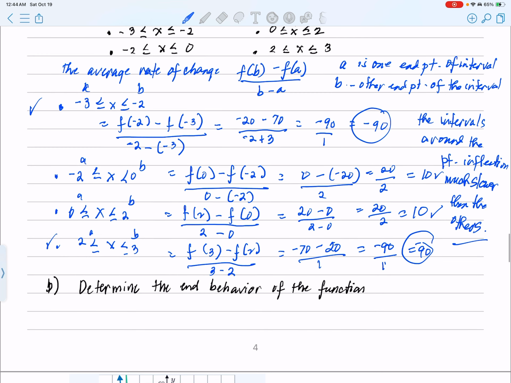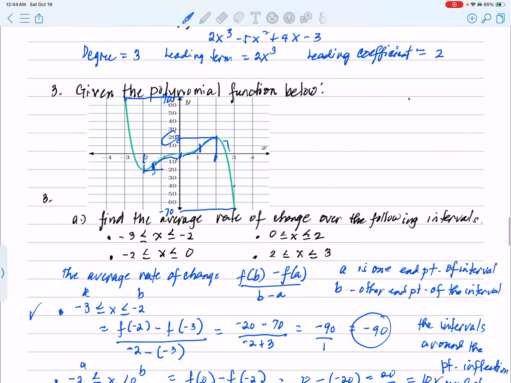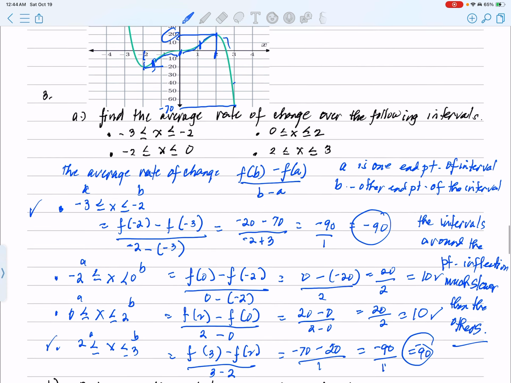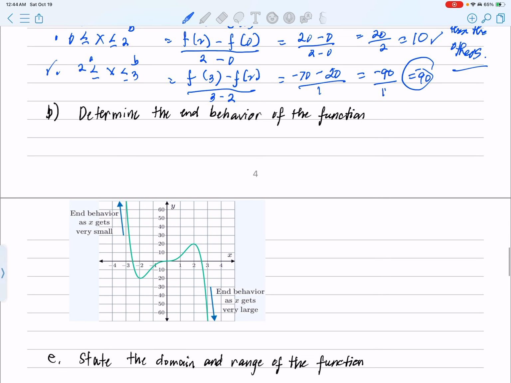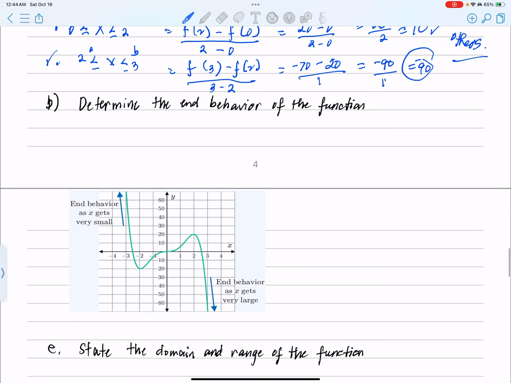Determine the end behavior of the function. Let's go back to the function here. We want to determine what happens to y values as the x values are very small and very large. Okay? Very small and very large. Look at this. As x approaches positive infinity, it has an end behavior of negative infinity.